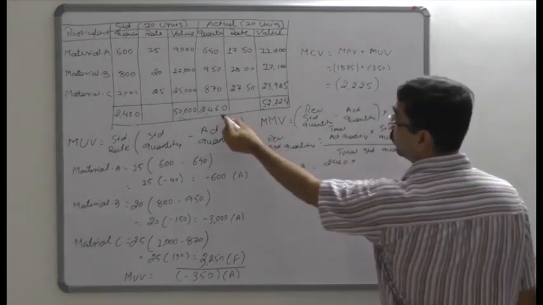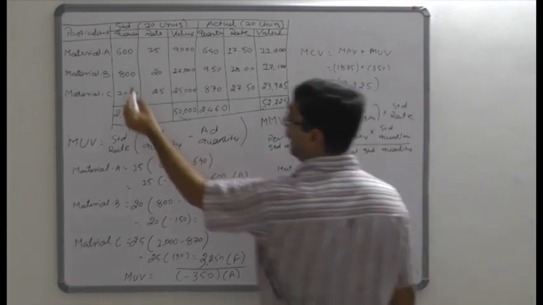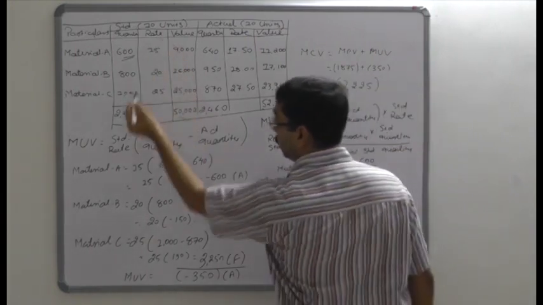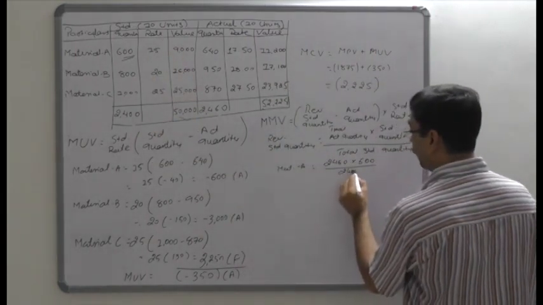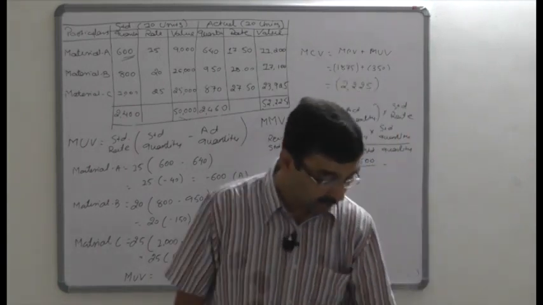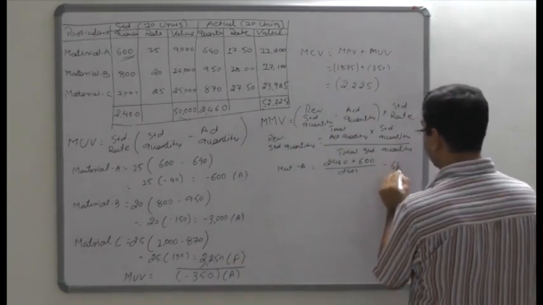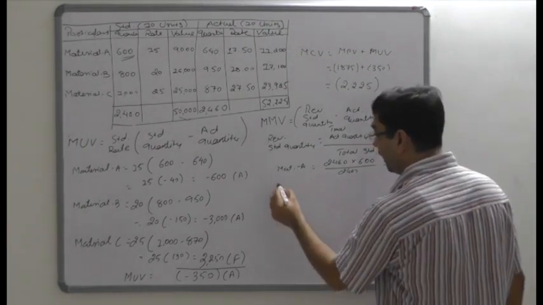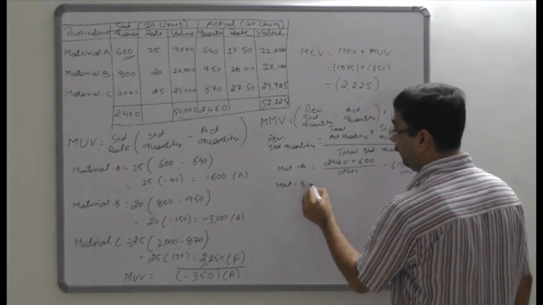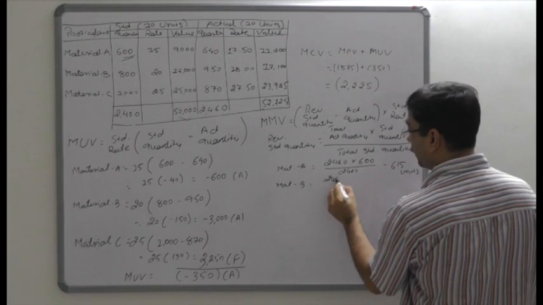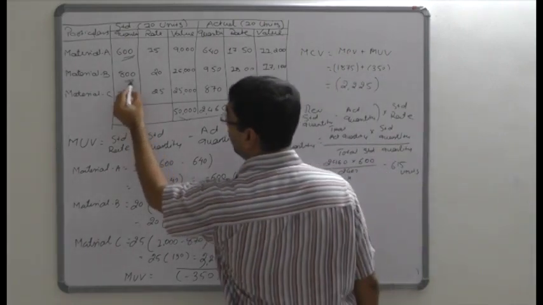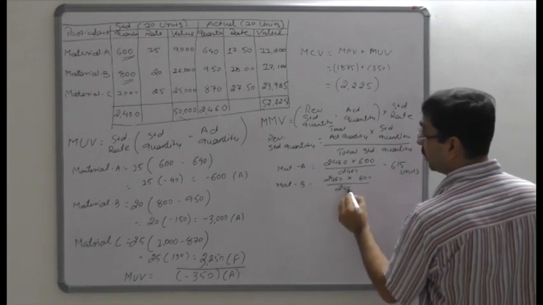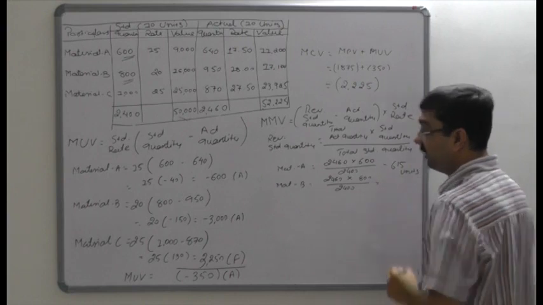So 2460 is total actual quantity, multiplied by, for material A, standard quantity 600, divided by total standard quantity 2400. The answer for material A comes to 615 units. In the same way, we will identify for material B. Total actual quantity is 2460, multiplied by, for material B, standard quantity 800, and the total standard quantity is 2400.